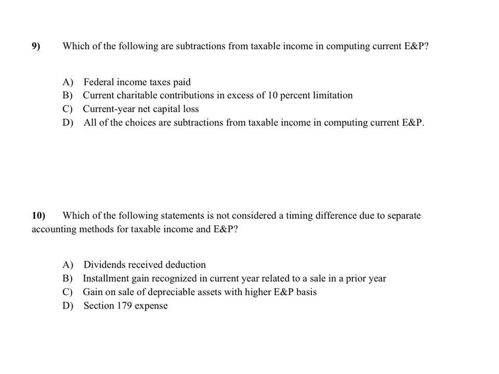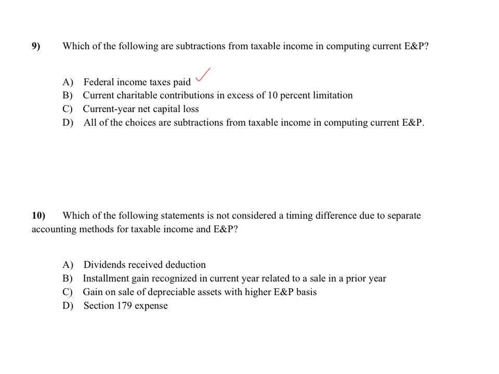Federal income taxes paid. Well, we did that in every current problem that we computed. So let's put a little check mark by that one. Current charitable contributions in excess of the 10% limitation. Is that going to be a subtraction from taxable income in computing current earnings and profits?